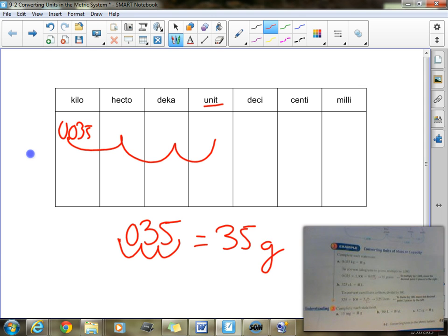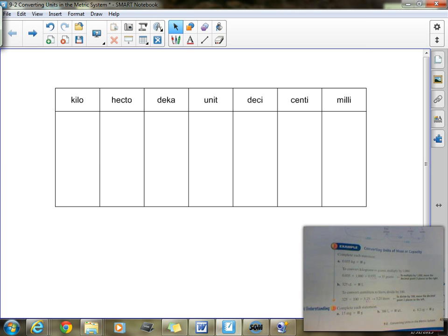Now we have not practiced moving the other way from smaller to larger. So let's go do that very quickly. Letter B on example 3 says 325 centiliters equals how many liters? Okay, so let's go ahead and try that one. 325 centiliters, and I'm going to liters.